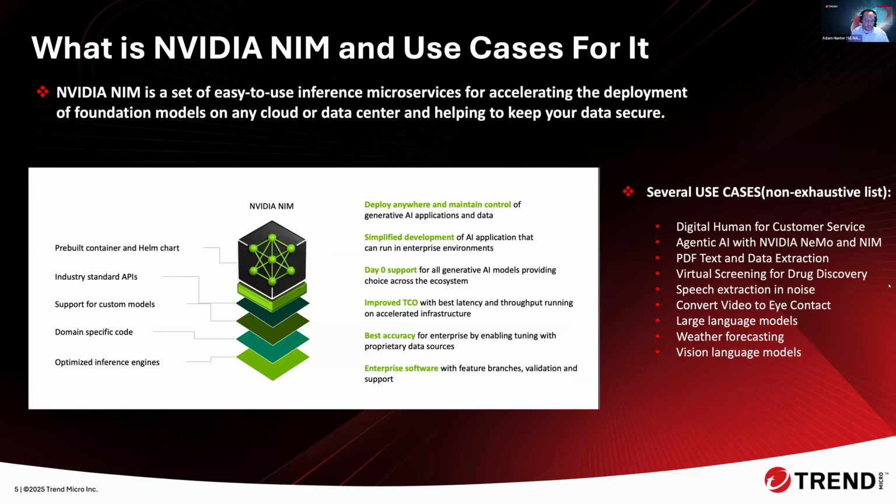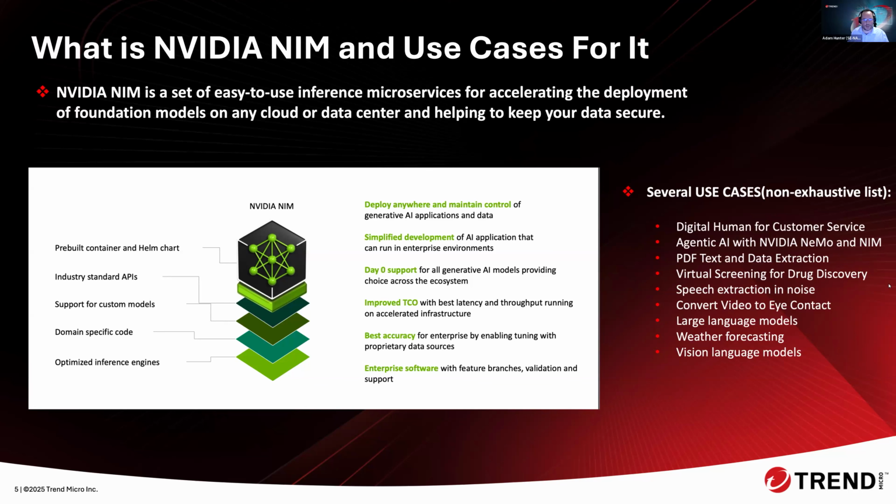You can look at NVIDIA NIM as basically a set of containers to interface to the NVIDIA GPUs. It's a pre-built container, and the Helm chart provides you some industry standard APIs, allowing you to run your AI services in your AI application architecture, which I'll get into shortly, in a repeatable manner that gives you support, security, and all those sorts of things that you would want from a traditional enterprise AI application.